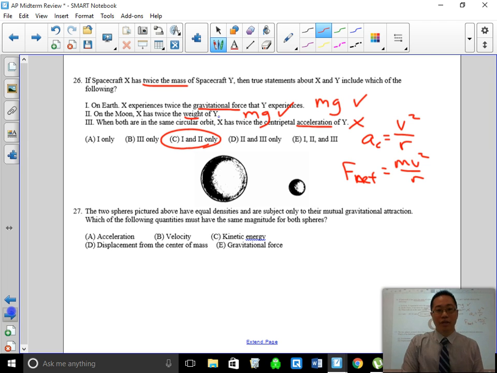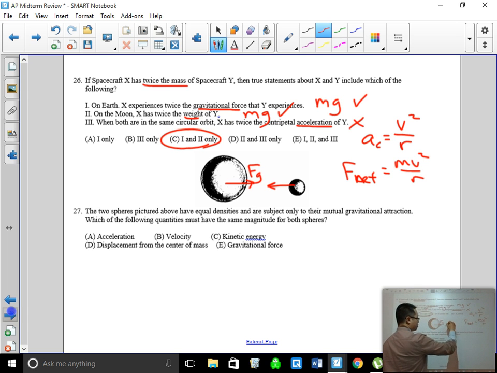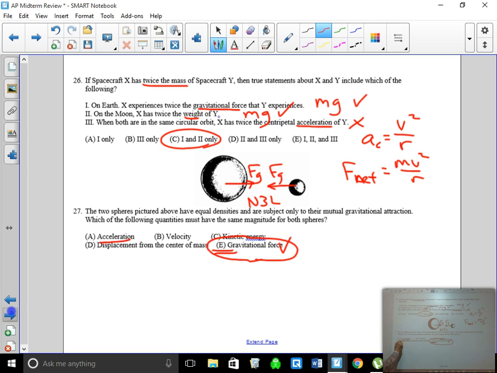27 is similar in that you have two spheres with equal densities, subject only to their mutual gravitational acceleration. Okay, so because they're attracted by the same force, which is really Newton's third law, they feel the same gravitational force, and that's the answer actually. Now, it can't be the other ones because it won't be the same acceleration.